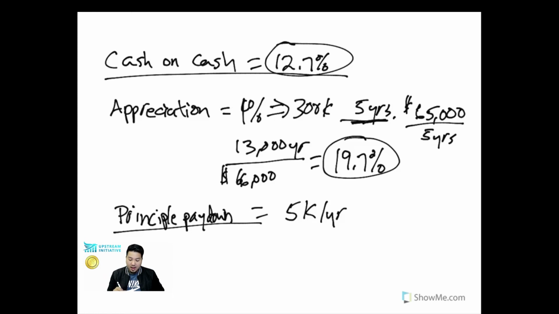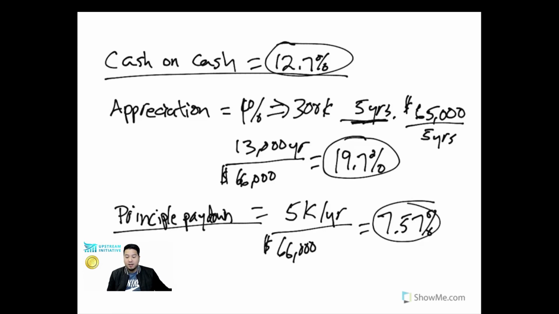We are going to take that and divide it by the cost of purchasing this property. That's going to give us another, what did I get? 7.57%. When we add these three numbers together, it's going to give us our total return on this property per year.